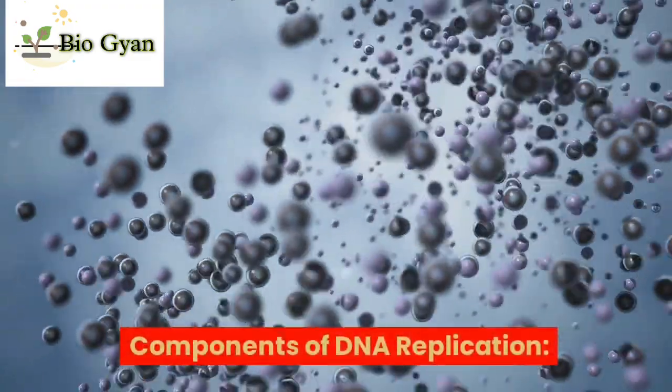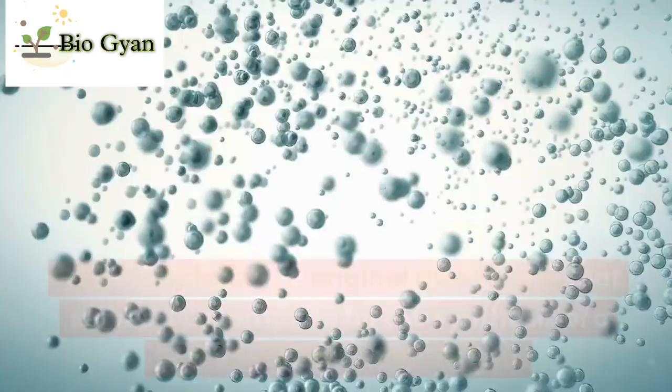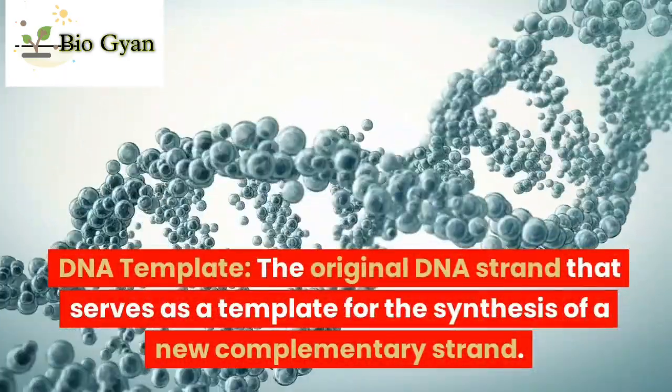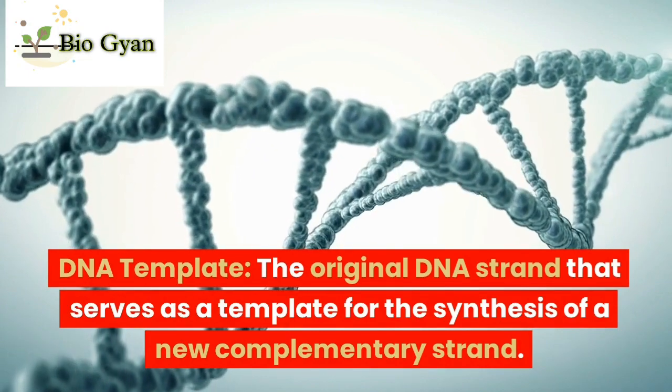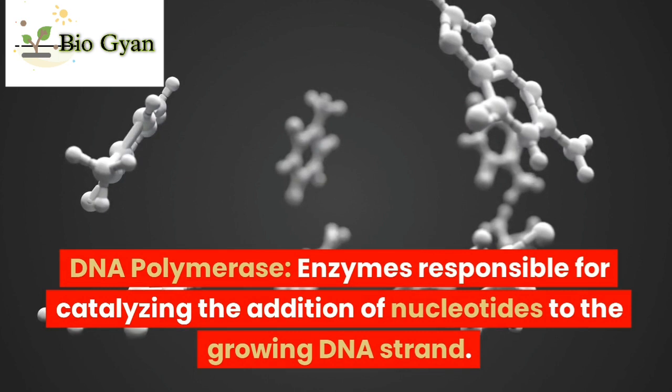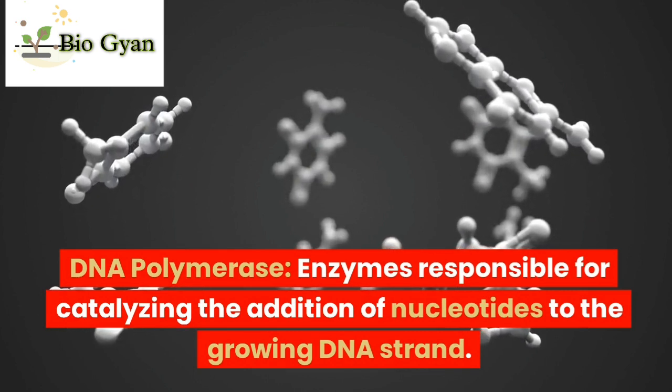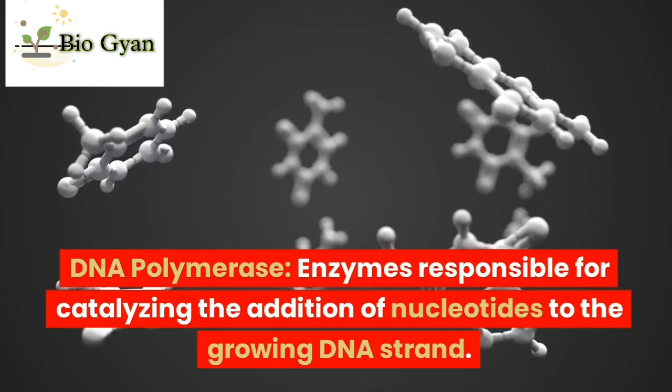Components of DNA replication. DNA template, the original DNA strand that serves as a template for the synthesis of a new complementary strand. DNA polymerase, enzymes responsible for catalyzing the addition of nucleotides to the growing DNA strand.